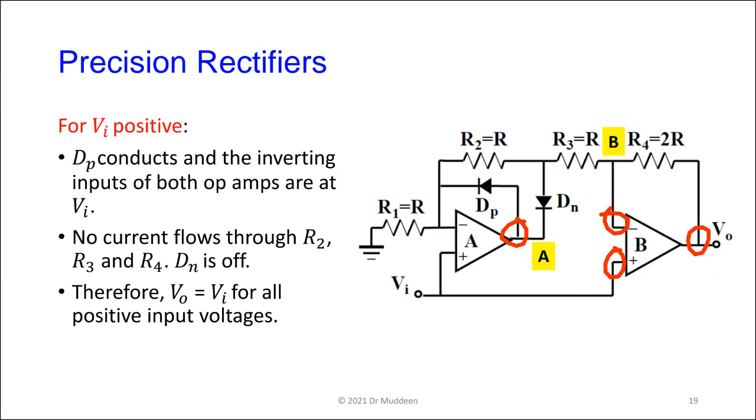Anybody? Right, so let's see what happens here. DN is reverse biased, correct. That's the first thing. Because it's reverse biased, there's no connection between the output here and this line here.